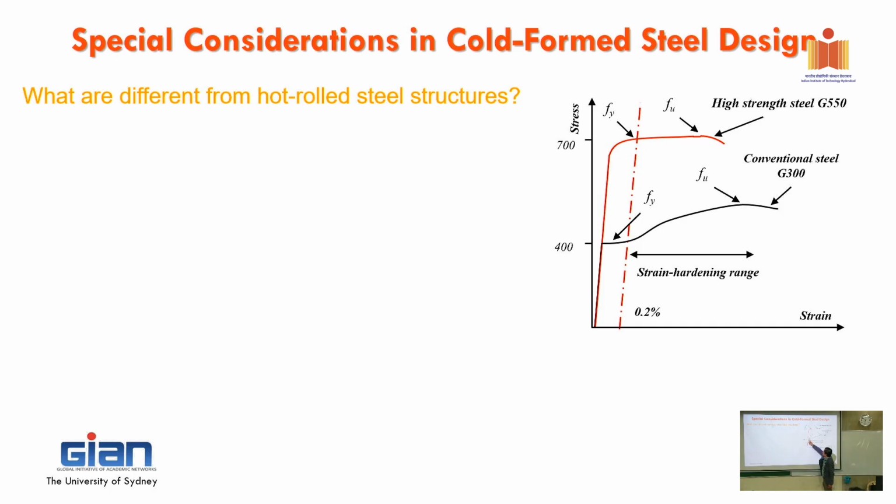And then you go up, have a flat top, and have this yield stress, and then go up, and you get a strain hardening region, and go to Fu on top in here. And you can see the hot rolled steel has very large ductility, about 15 to 20% in here.